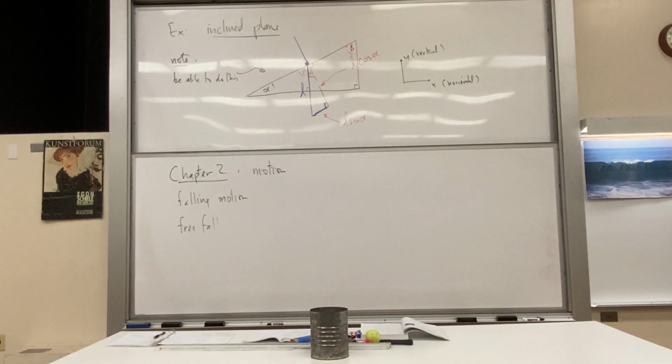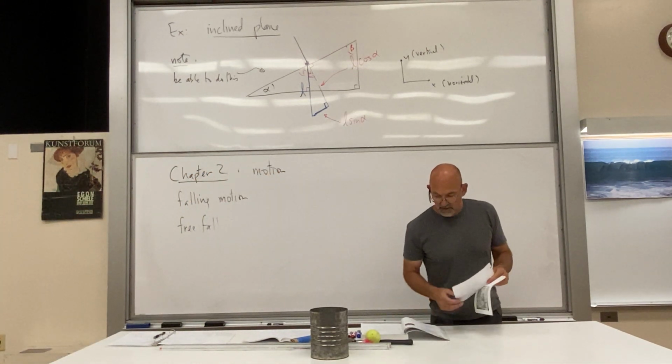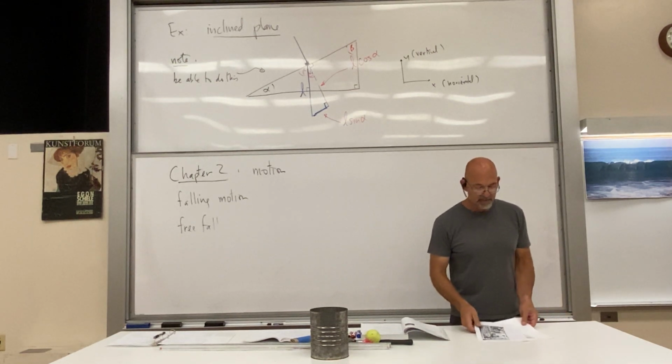Let's see if we've got, I have to sacrifice something here. Yeah, what I was looking for was some paper. So hammers, feathers, tennis balls. What about paper?